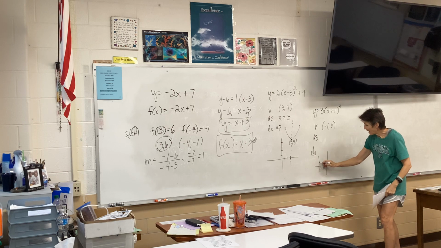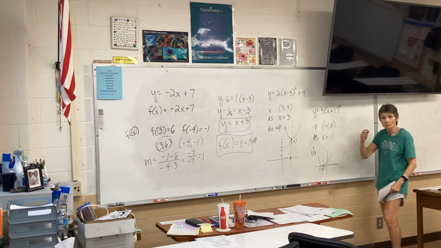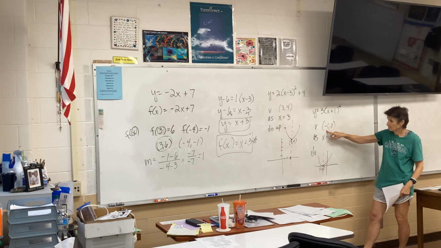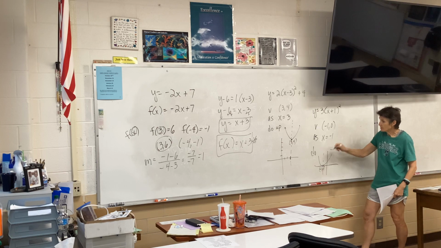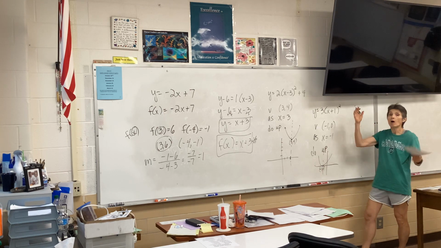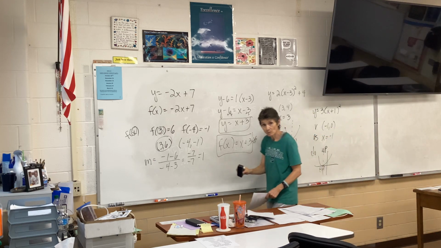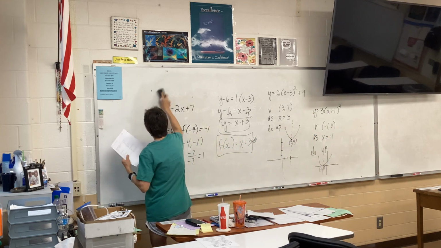That makes my axis of symmetry x equals -1. Remember, it's always going to be the x coordinate. And then this one also opens up. They all open up unless you put a negative out here in front. That's what turns them upside down.